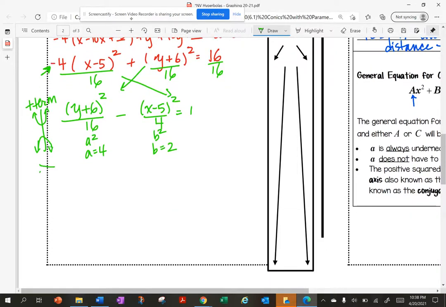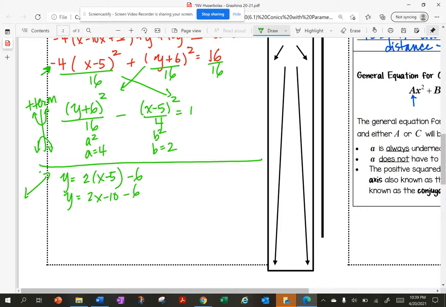So let's do, so I have y equals, for my positive asymptote, 4 over 2, which is 2, x minus 5, x minus h, plus k, which is negative 6. So distributing, I get y equals 2x minus 10 minus 6. So I get y equals 2x minus 16.